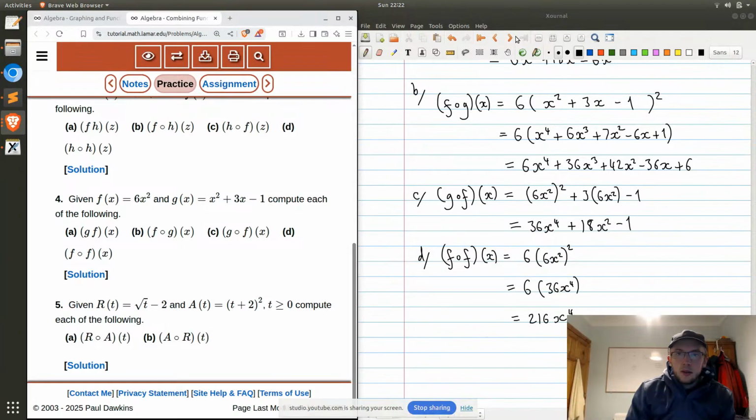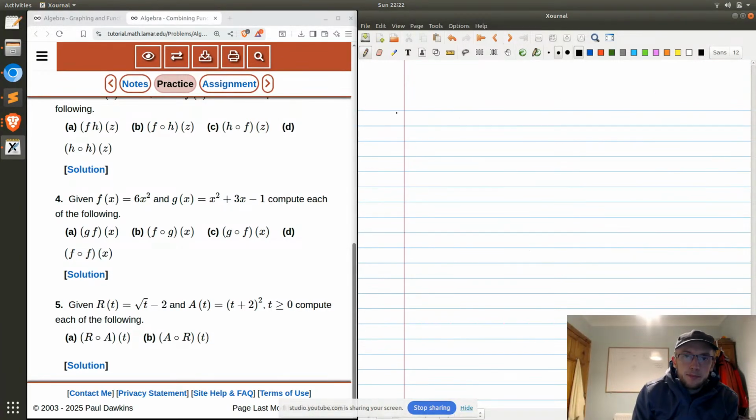And now the fifth problem. Okay, so we have two functions, r of t and a of t.